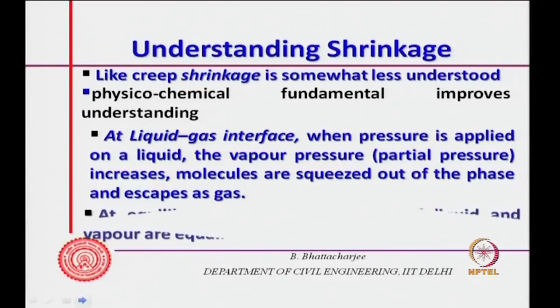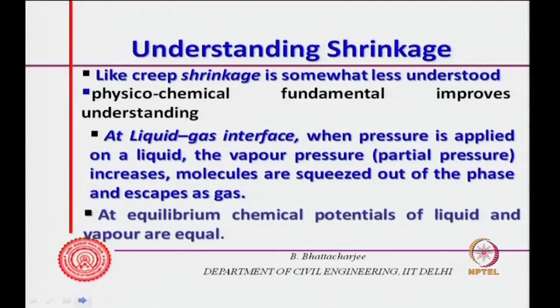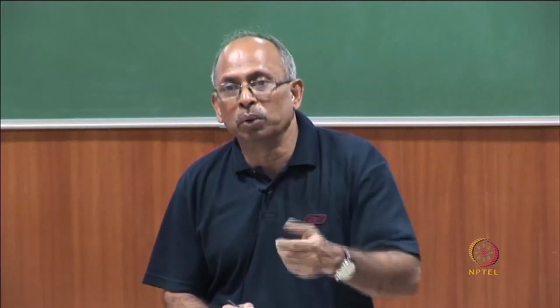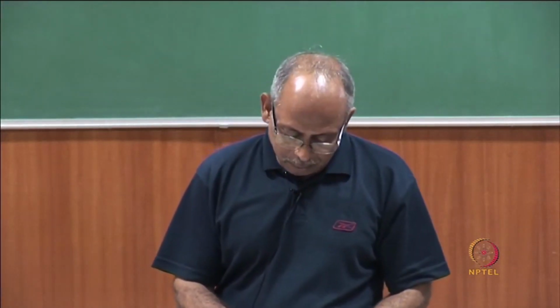the chemical potential of the liquid and vapor must be equal. At equilibrium, there is no further movement, no movement is taking place. All right. So, for movement you need the potential of one to be higher than the other. So, you applied pressure to the liquid, which actually increases the potential, therefore the molecules will move out as vapor.